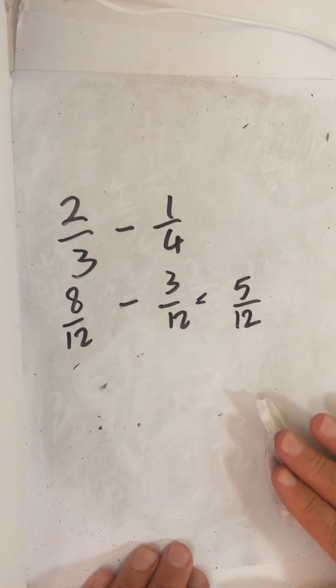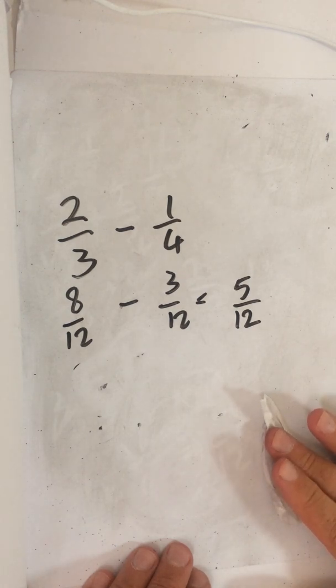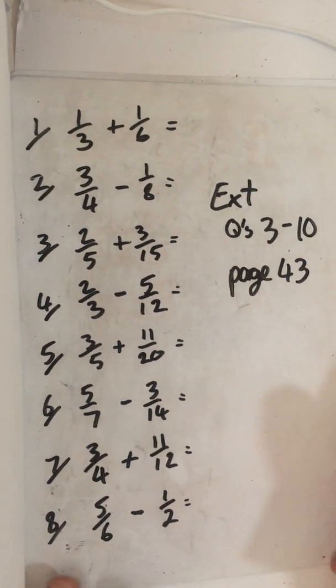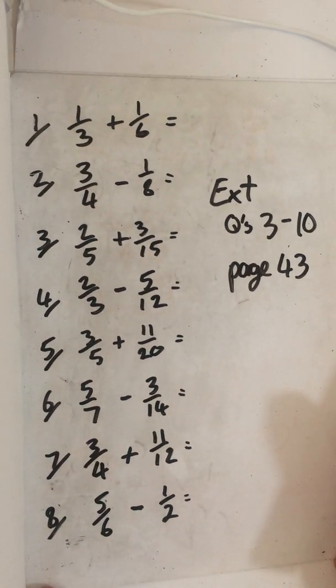Now, you will be doing these. We've done them before Christmas, I think, and no matter what class you're in next year, you will do these next year as well. So don't worry too much if you don't get them entirely, but you should be able to do these questions without too much difficulty.